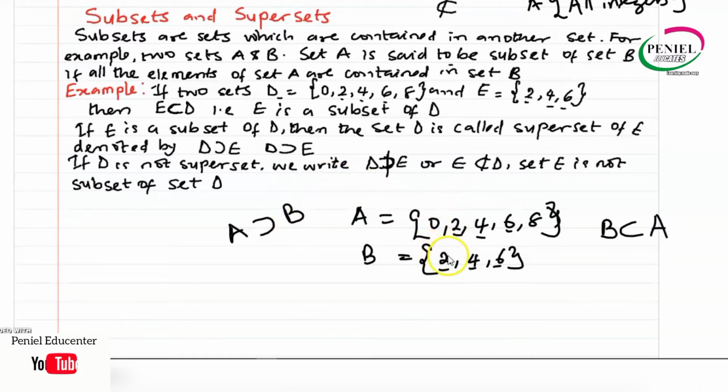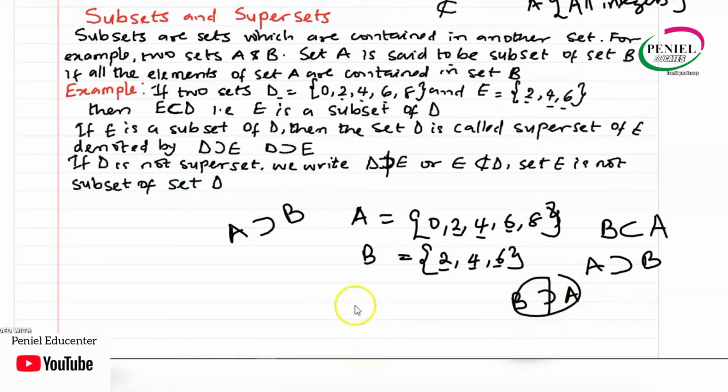Because everything in B, you can find in A. So A is a superset of B, just like A is a mother of B, and B are children of A. So when you say B is a subset, it means B is a child of A. A is a superset, the mother of B. But B as a child cannot be a superset of A. So that's it. Let's move on.